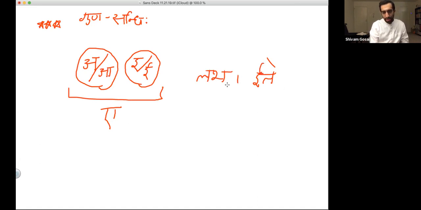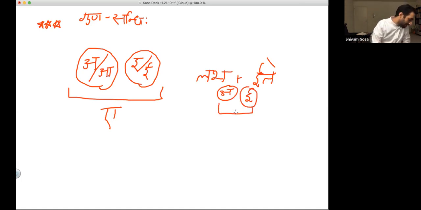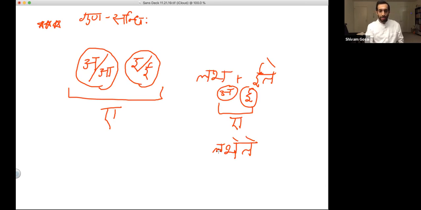So I have akara next to long e, and both are replaced by e. It's going to be labhete.